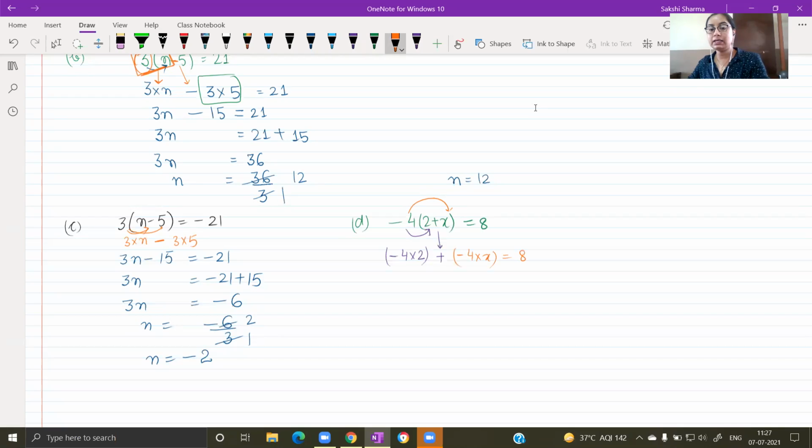Observe, minus 4 is outside the bracket. Inside the bracket there are two values, one is 2 and one is x, so you have to multiply with both. Here you will have to use the rules of integers. Remember, the first chapter was integers and we will be using the properties of integers multiple times.